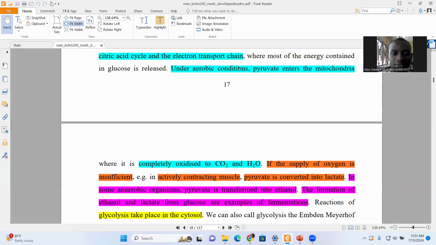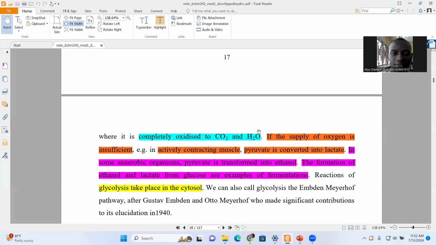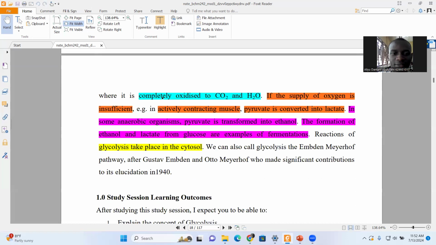So in aerobic organisms, the catabolism or breakdown of carbohydrates, sugars, leads to the entry of intermediates of this reaction into the mitochondria, because the mitochondria is the powerhouse of the cell. And these intermediates, when they enter the mitochondria, are completely oxidized to carbon dioxide and water.